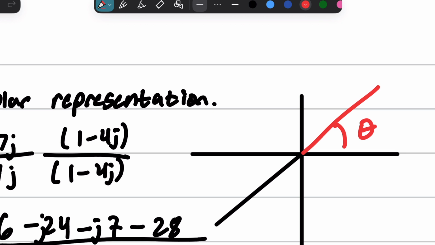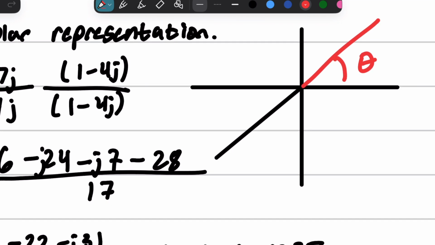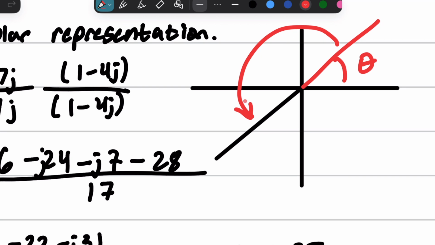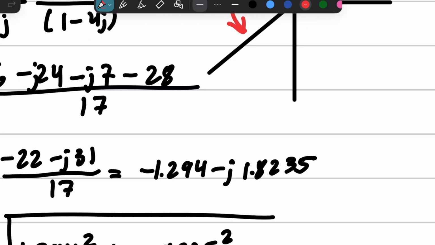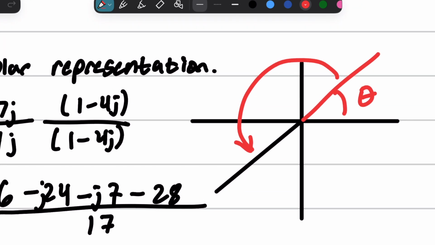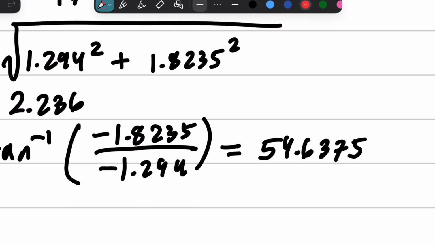Okay? That's wrong. We're saying that our vector is actually this black one right here. So we're going to have to add 180 degrees to that, or subtract 180 degrees from that. It doesn't matter which one you do. Those are both equivalent, but this is not equivalent. You're wrong by 180 degrees.